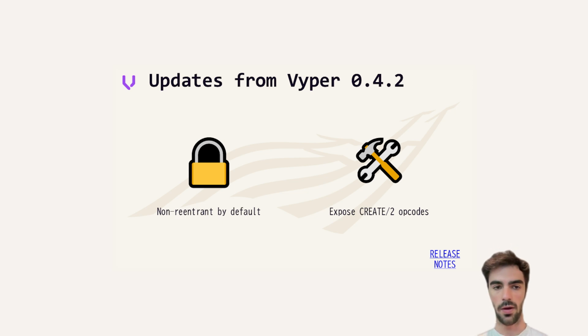So this is one step forward that greatly increases Vyper security by default, because we don't have to think about reentrancy or non-reentrancy. We only want to specify the functions that we want to be reentrant. And there are very few functions that you want to be reentrant, like, for example, flash loan functions, which is clearly not the average use case for a smart contract.